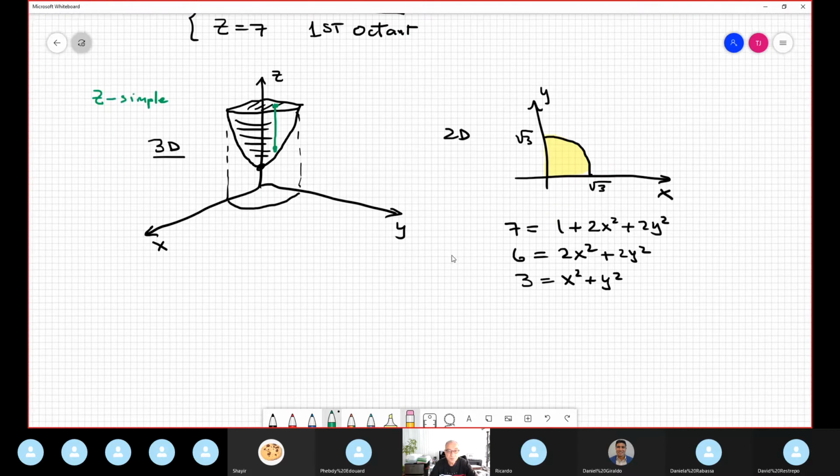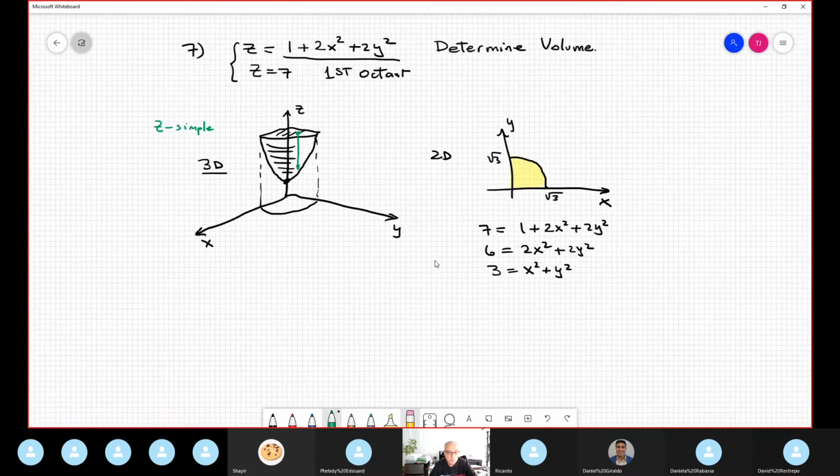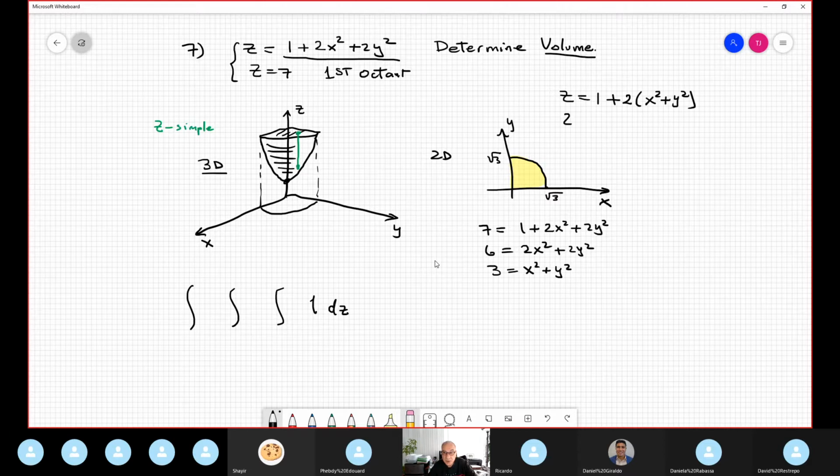When you set up the triple integral, the integrand function is 1 because it's a volume. The first stage of integration is dz, and dz goes from the paraboloid. Look, the paraboloid is z equal 1 plus 2 common factor x squared plus y squared. Then x squared plus y squared in cylindrical is r squared.